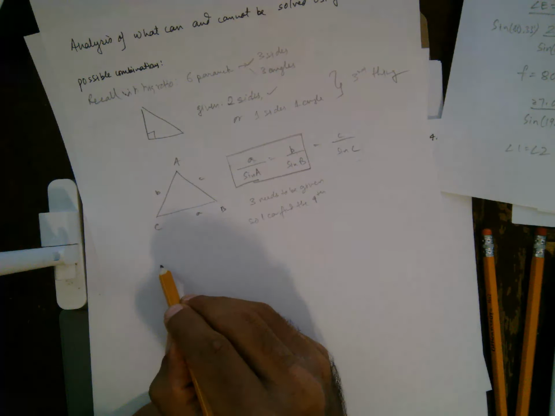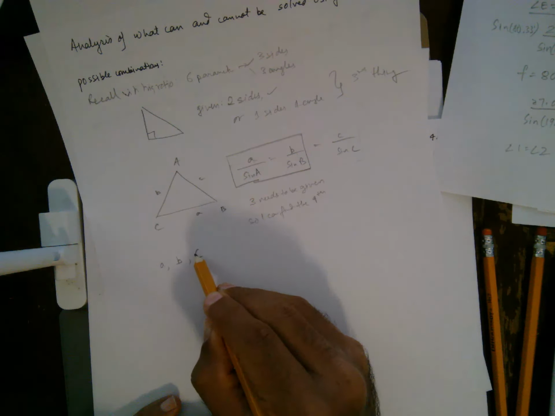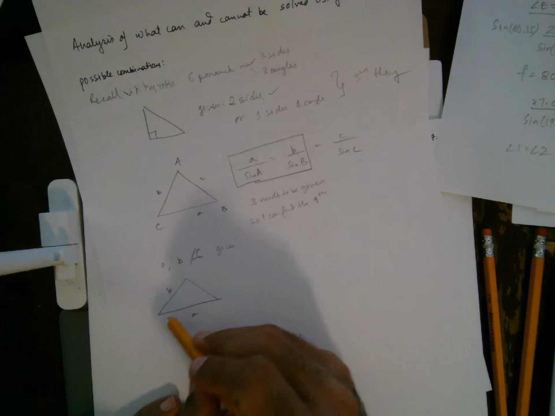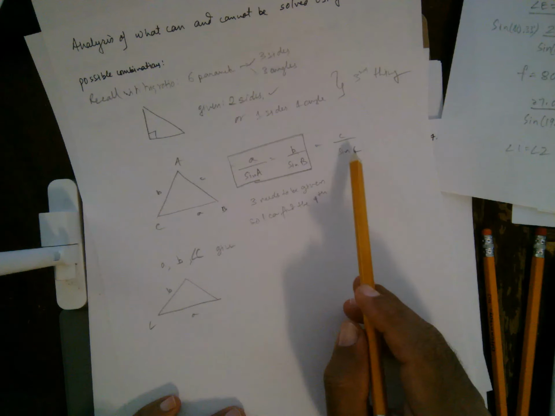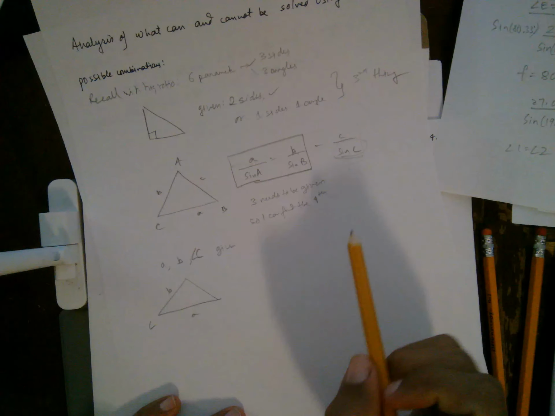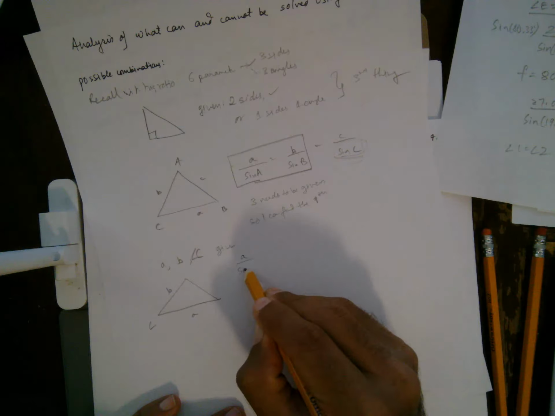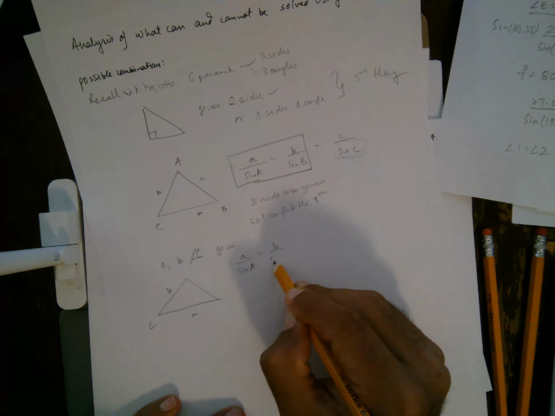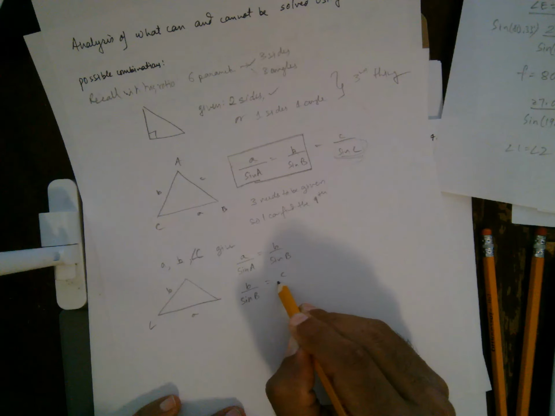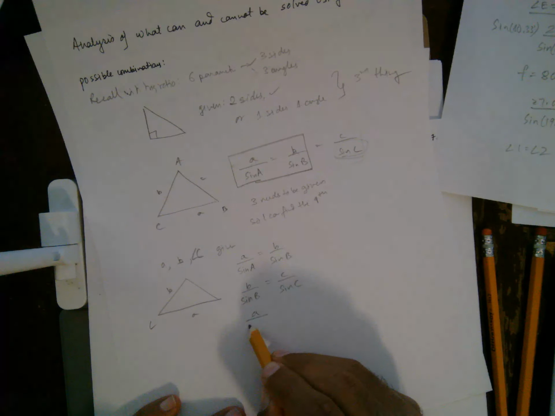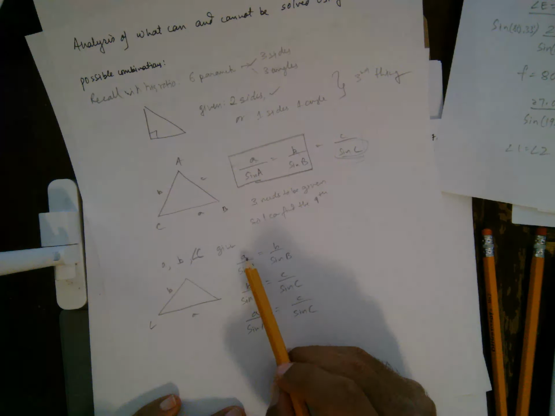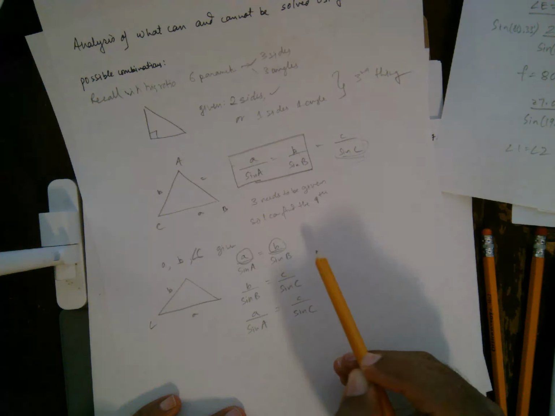Okay. Now what if a, b and the angle C are given? That's still an issue, because if I have these sides and this angle, then there's no way to solve, because I have 2 pieces of information in this equation and 1 in this equation. So no matter what pair I take, a over sine A equals b over sine B, or b over sine B equals c over sine C, or a over sine A equals c over sine C, here I know 2 things, so not enough.